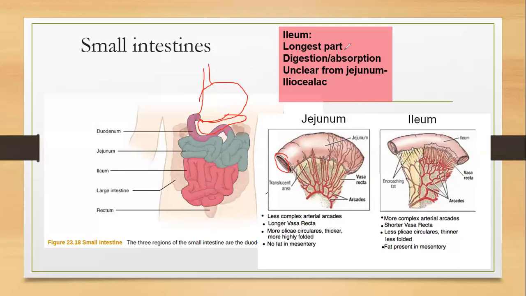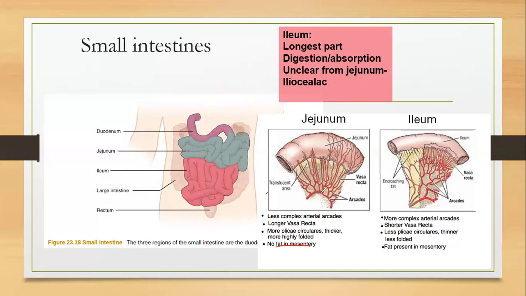And finally, if you look at the fat tissue, remember that diagram I had shown you before? If you look at the fat content within the mesenteries, it is most within the ileum. The jejunum does not have fat in the mesenteries. So this is how you can actually tell the difference between all those structures.